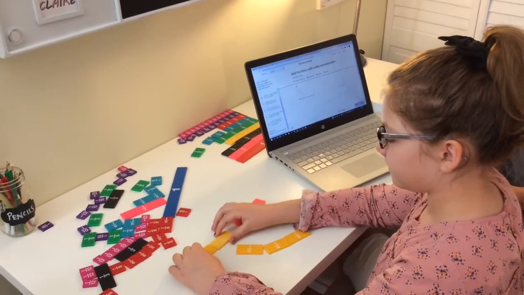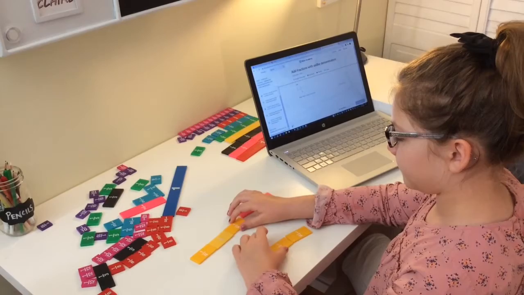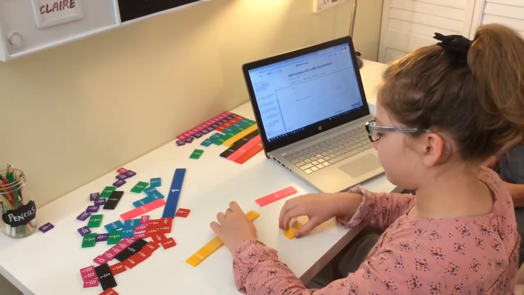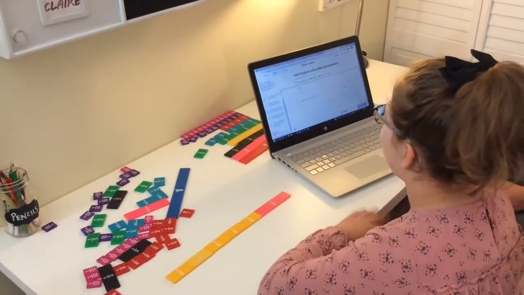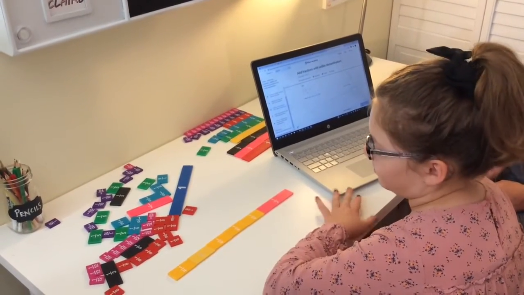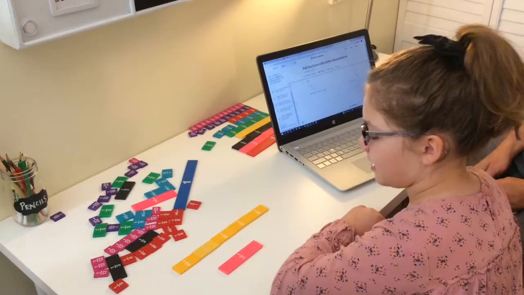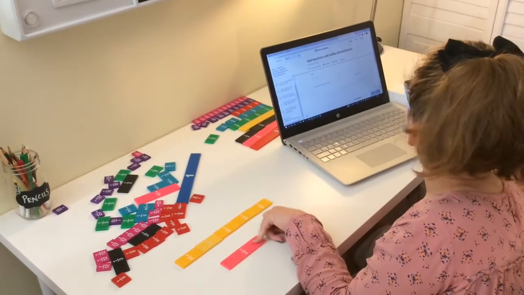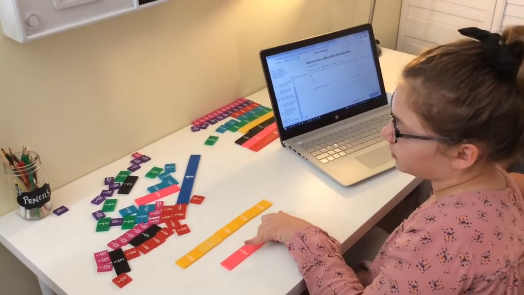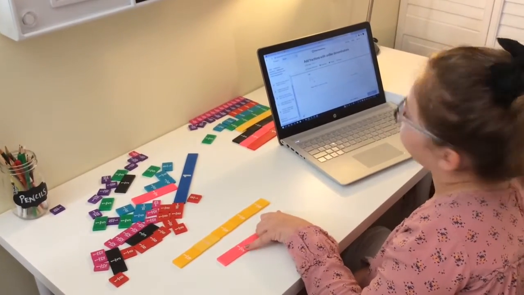Plus. All right, so how can you make a common denominator here? I could times that by 2, and that would be equal to 4.